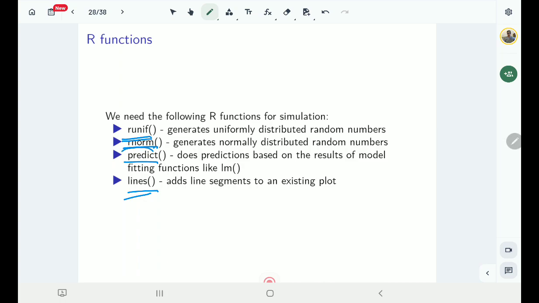And then we have predict. After you get a linear model, for example, suppose you have a linear model, let me call it mod. You can call it anything that you want. The objects can be named the way you want. You can call it apple, peach, banana. So let's call it mod. Suppose you have the mod model, which is a linear model of y on x, and data is, for example, say dat. After you do that, you can use predict.